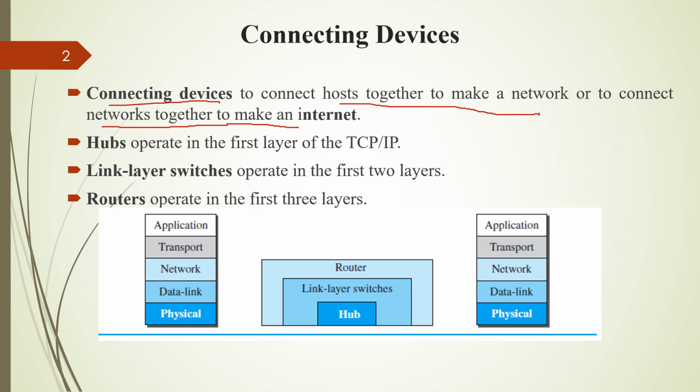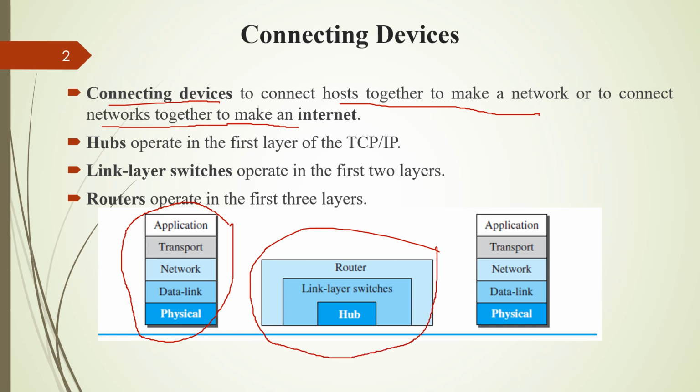The figure shows the TCP/IP protocol suite, where there are 5 layers and the different types of connecting devices that are used in different layers. The connecting devices are mostly used by the network layer, data link layer and the physical layer.